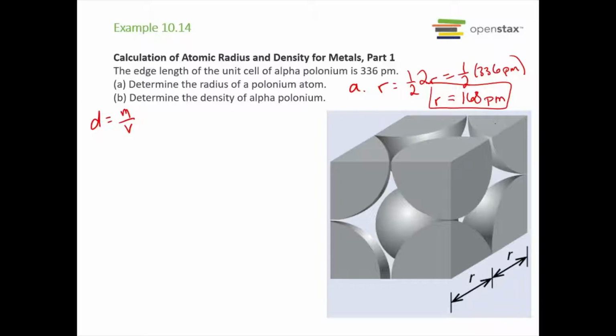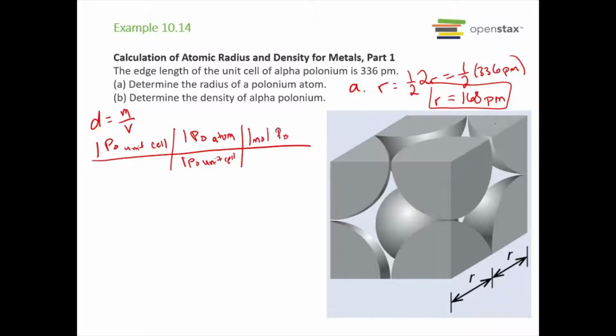So the first thing we should figure out is the mass of the polonium unit cell. So 1 polonium unit cell, we know there's 1 atom. We calculated that on the last slide for every unit cell, so we have 8 times 1/8 atoms. And then we know that we have 1 mole of polonium for every 6.022 times 10 to the 23rd atoms.